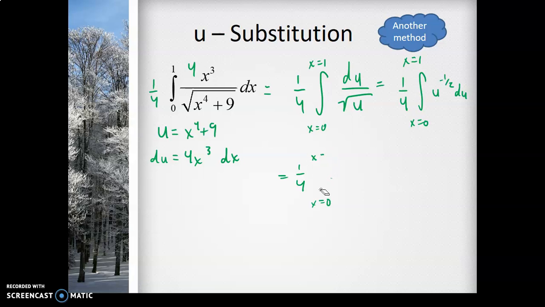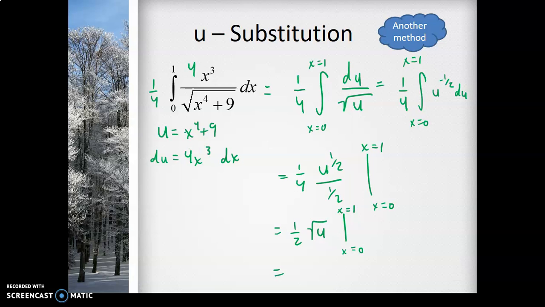Sorry, it's not the integral anymore because now we can actually take the integral. So the integral of u to the negative 1/2 would become u to the positive 1/2 over 1/2, not plus c, but now I'm going to plug in x is 0 and x is 1. This is going to simplify the same way as before. It's going to be 1/2 times the square root of u when x is 0 and x is 1. But I can't plug 1 in for u because that's not what u was.